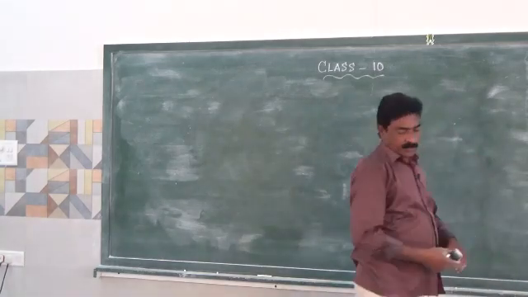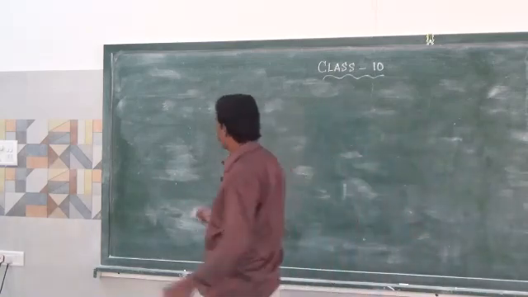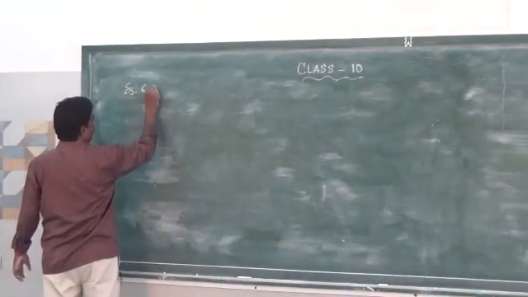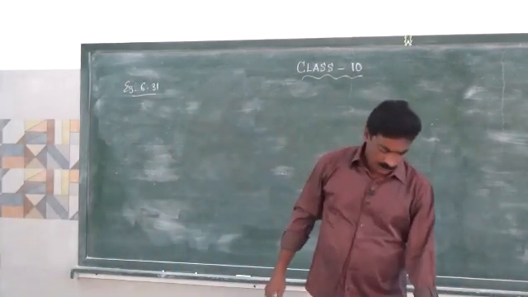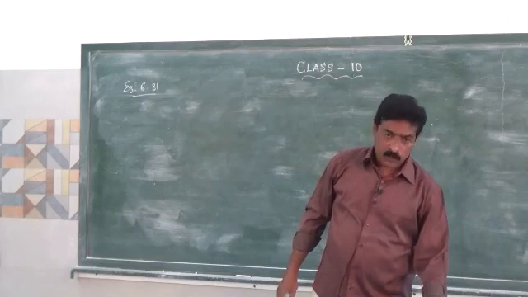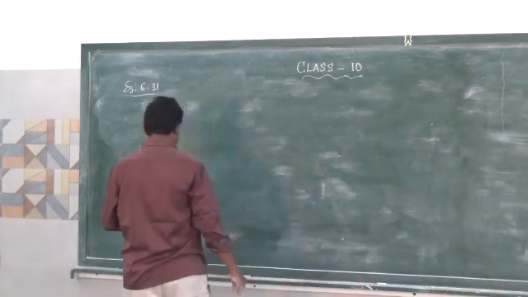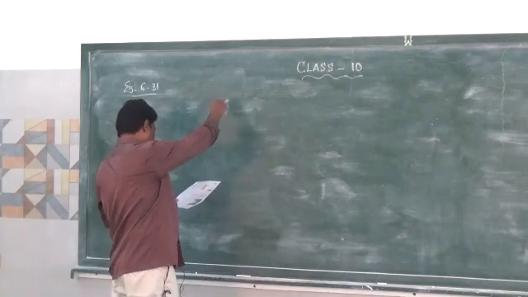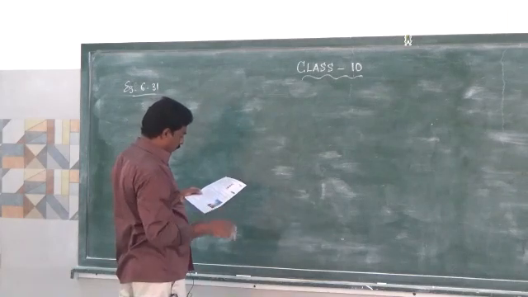We will take example 6.31. From the top of a 12-meter high building, the angle of elevation of the top of a cable tower is 60 and the angle of depression of its foot is 30.